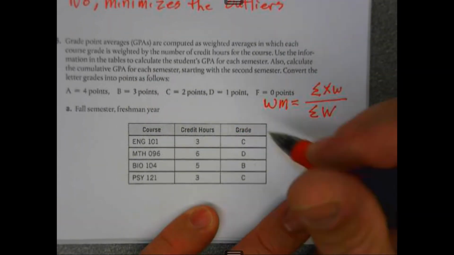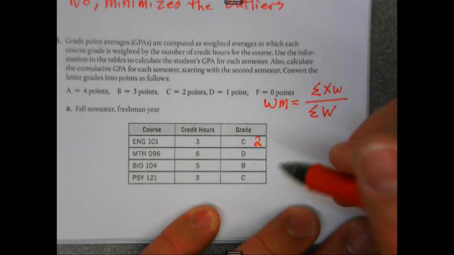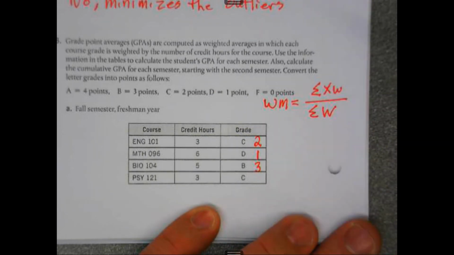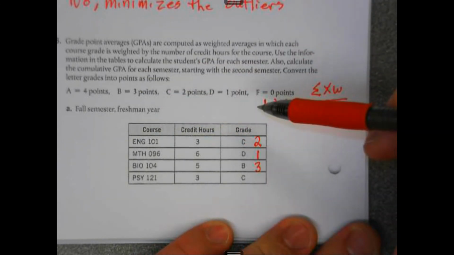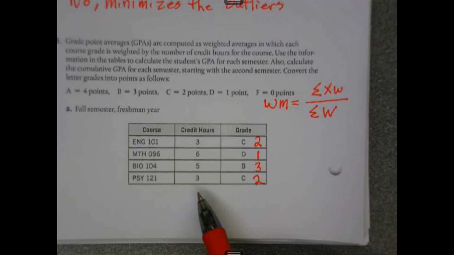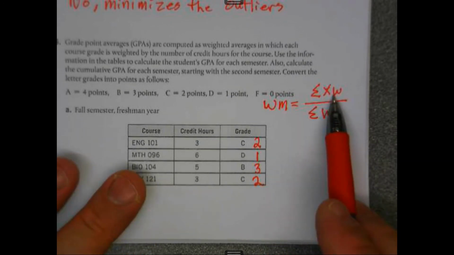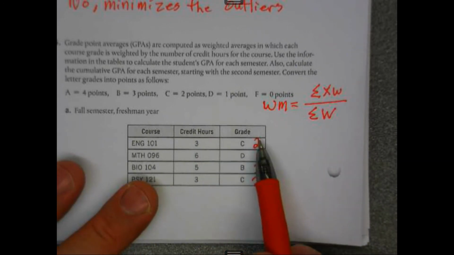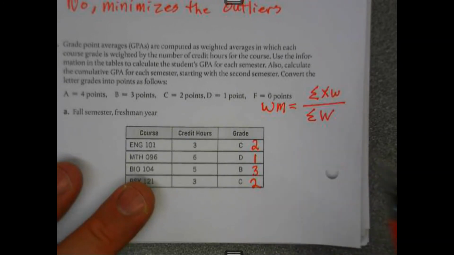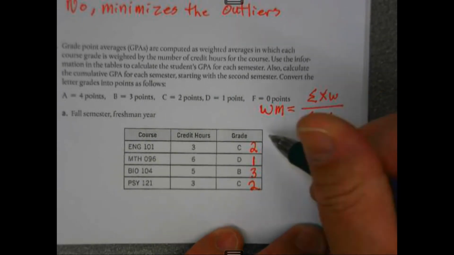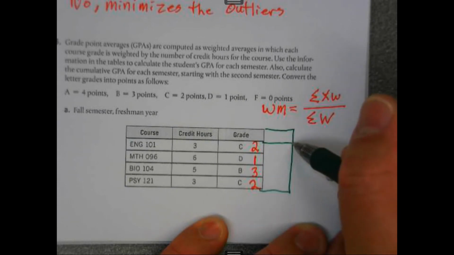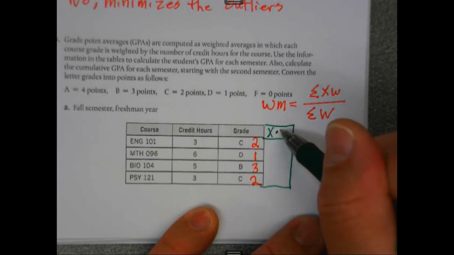So a C is 2 points, a D is 1 point, a B is 3 points, and a C is 2 points. Okay, so the values then, we're going to take our credit hours times the grade, that's going to be X times W. I'm going to make a column over here, and call it X times W.